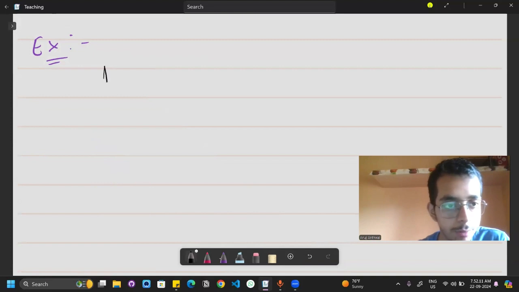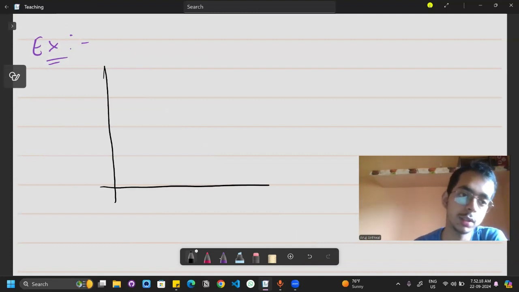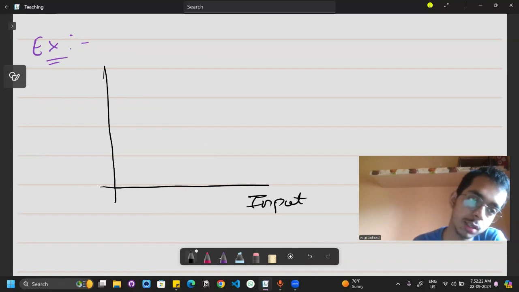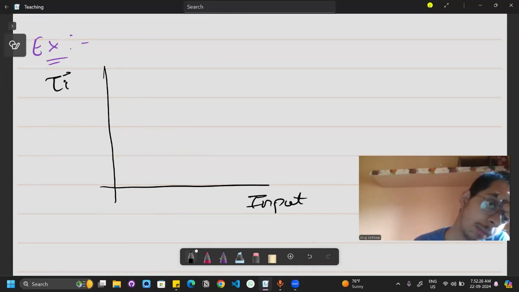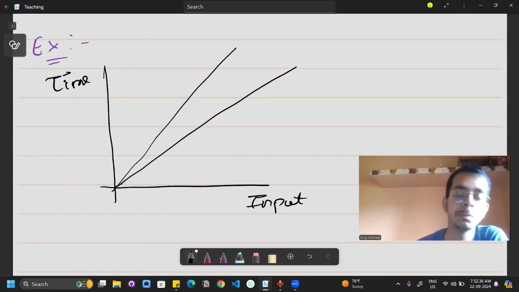So let's say I'm going to have a graph here like this, and then there is another graph like this. These are, let's say, your input, and this is time increasing. So let's say there are two graphs. One graph goes like this, and the other goes like this.